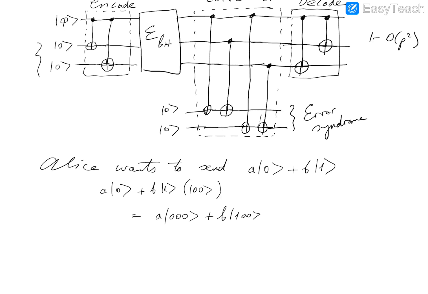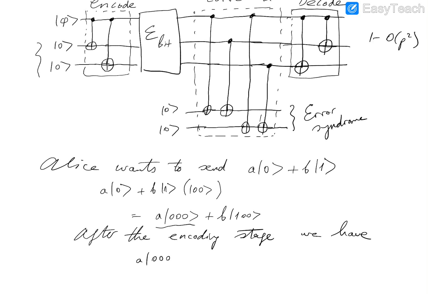Now Alice encodes the state by applying a CNOT transformation. After the encoding stage, the first part remains the same, a 0,0,0, and then we have b 1,1,1.